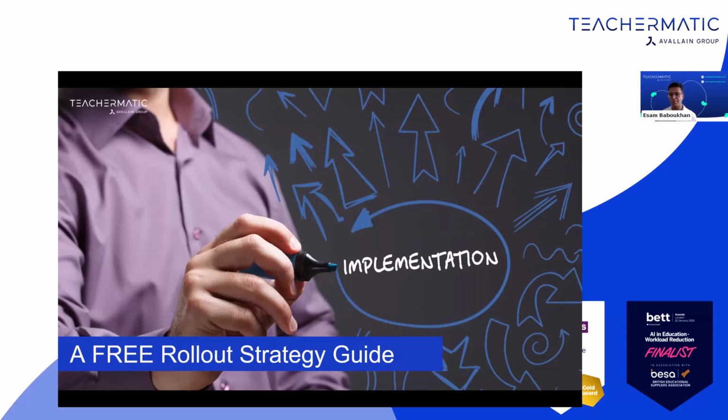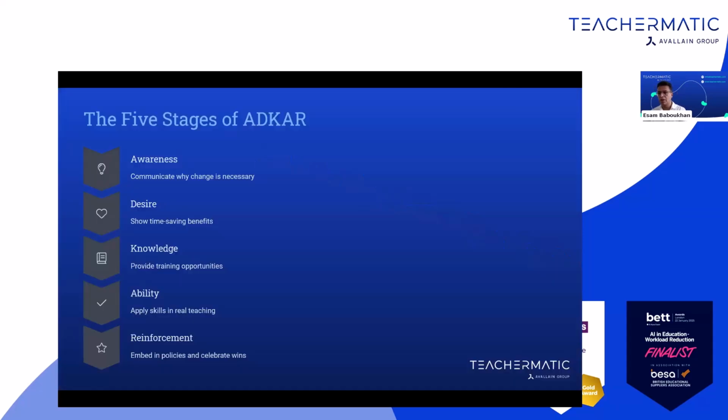And I'll go into a bit more detail about this change management model. So ADKAR is an acronym that stands for awareness, desire, knowledge, ability, reinforcement, recognition, reward, I would say, right?